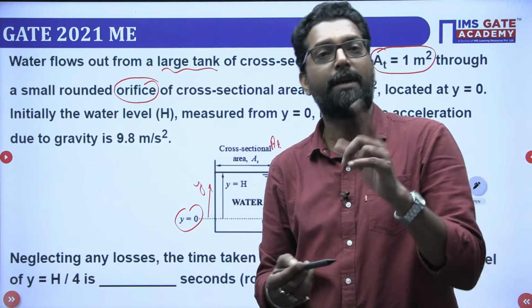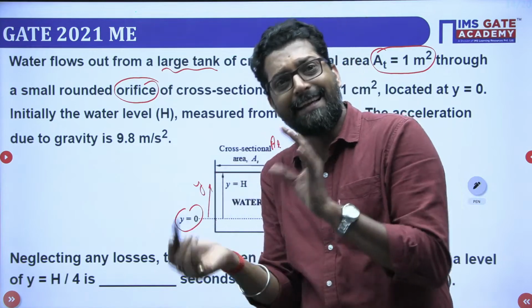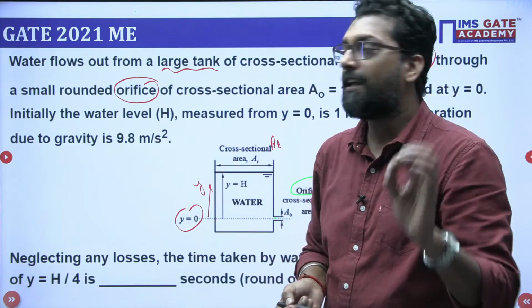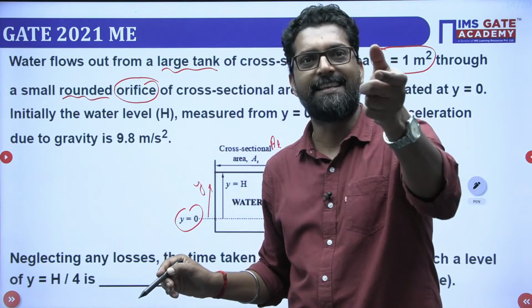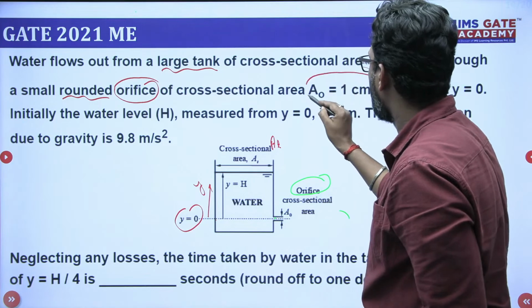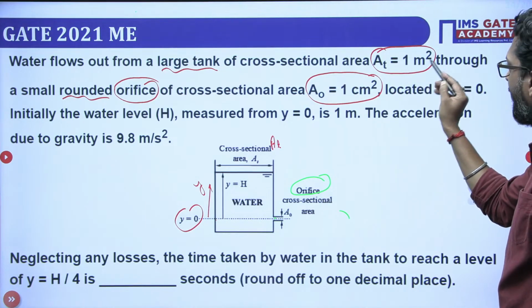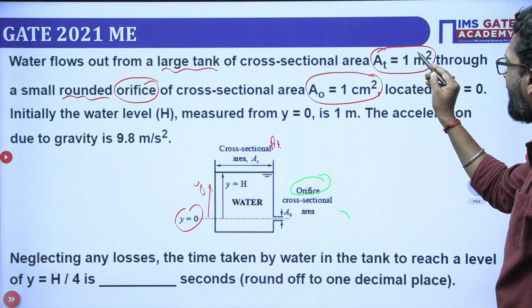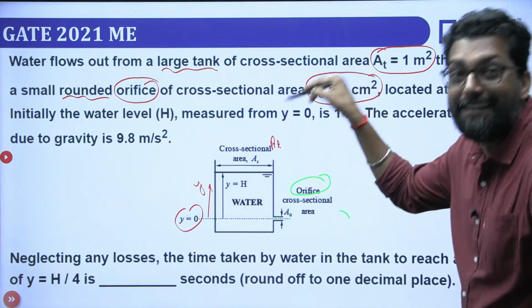No, it may be rectangular or elliptical; an orifice can have any geometry, but generally it is a round hole, that means a circle. The cross section area of the orifice is given as 1 centimeter square. See the beauty: this area is 1 meter square, and this area is 1 centimeter square.